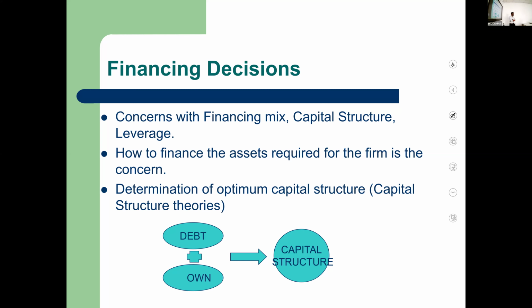So you should balance debt as well as equity to maintain the capital structure, right? So this is about financing decisions. How to finance the assets required for the firm is the concern.